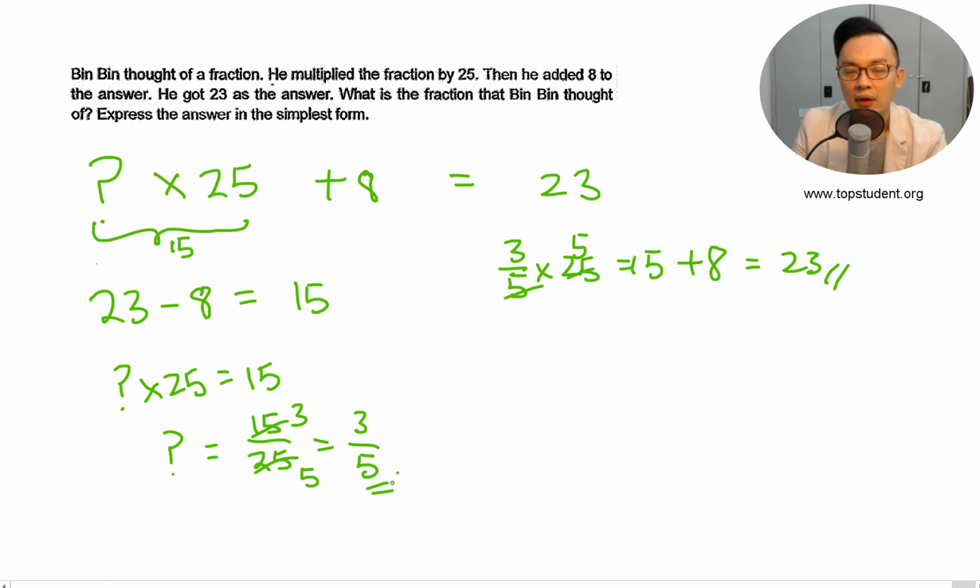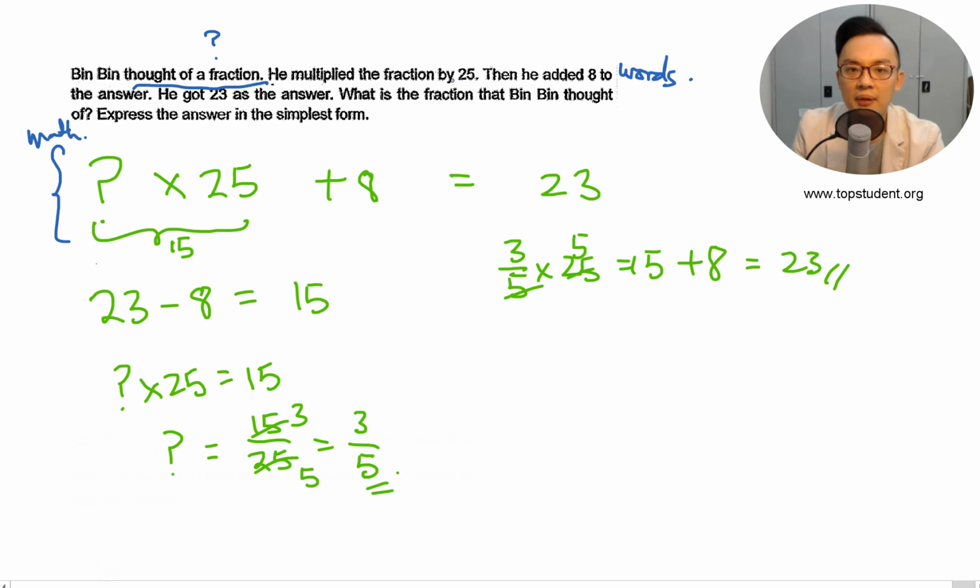Now, I just want to quickly go through and explain in more detail, emphasize, all right? Whatever is in words over here, write it out in math. So what does writing out in math first mean? You think of a fraction, just put a question mark. I don't know what this fraction is, just put a question mark there, that's fine.